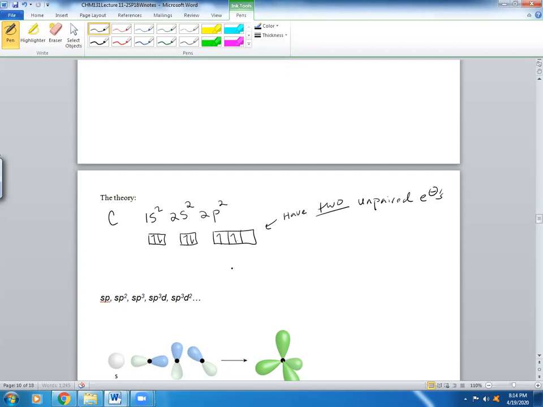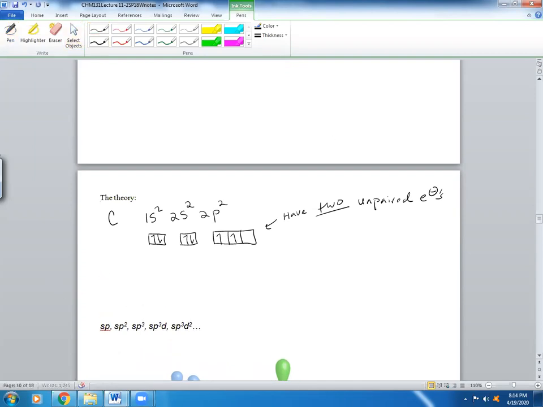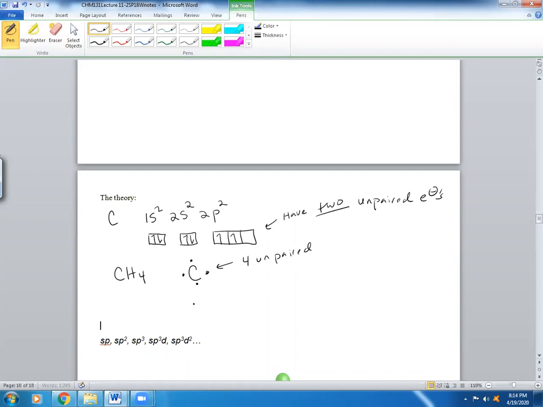If this is true, then how come you have carbon in methane with 4 bonds? Because in order for carbon to bond with hydrogen, it has to have 4 unpaired electrons, because the H is going to bring its own electron.